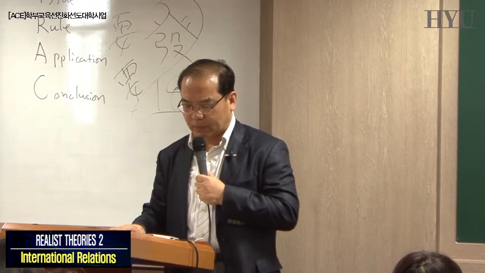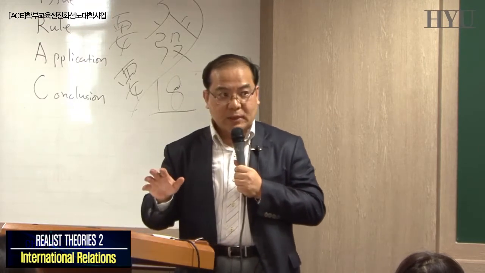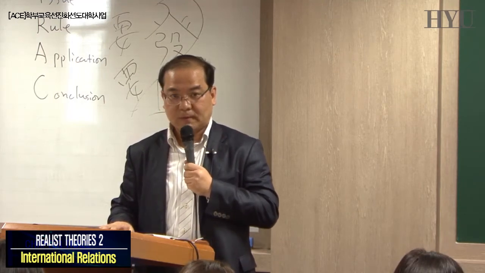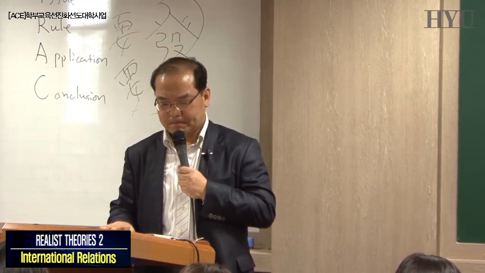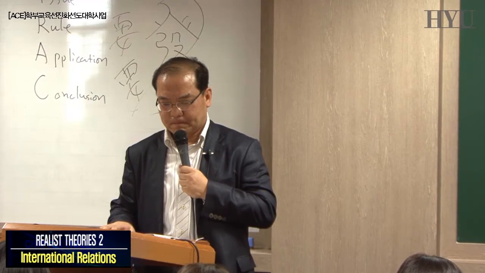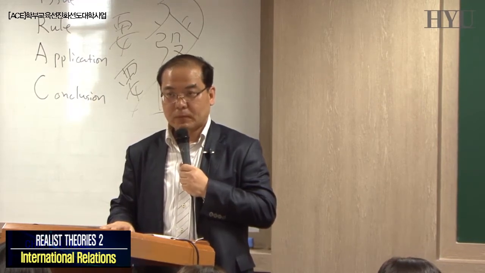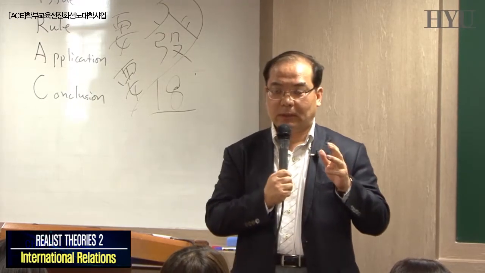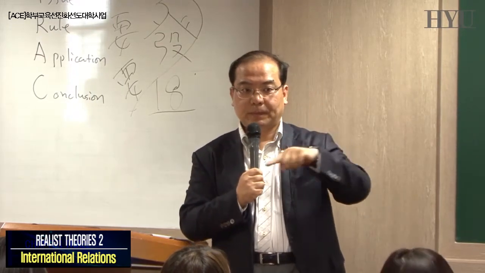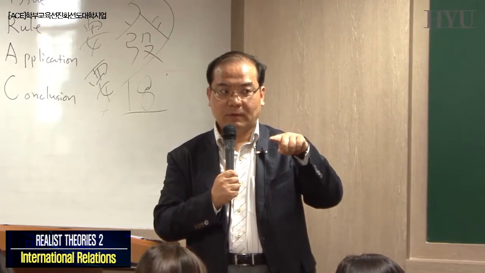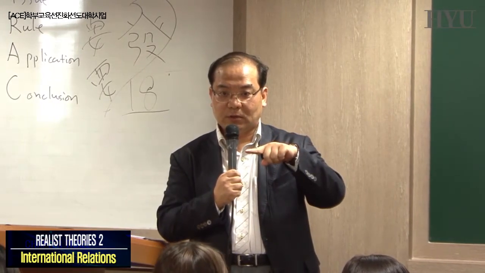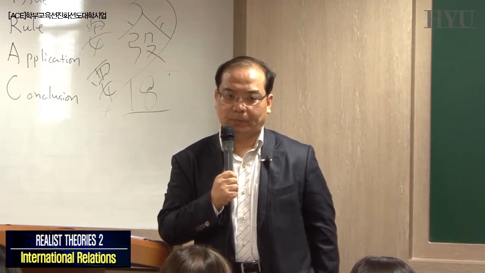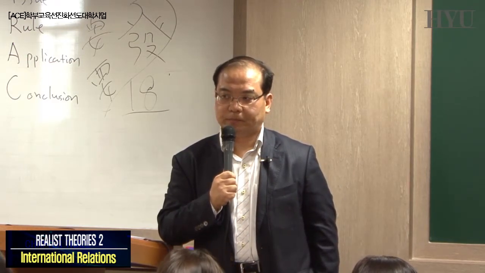Multipolar system. Typically, it has 5 to 6 centers of power. The best example is the European international system, 1500 to 2000, a multipolar system.